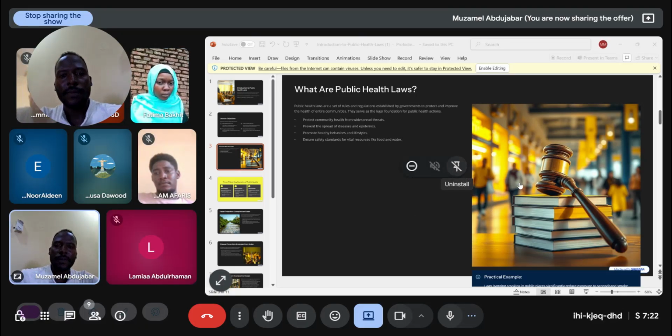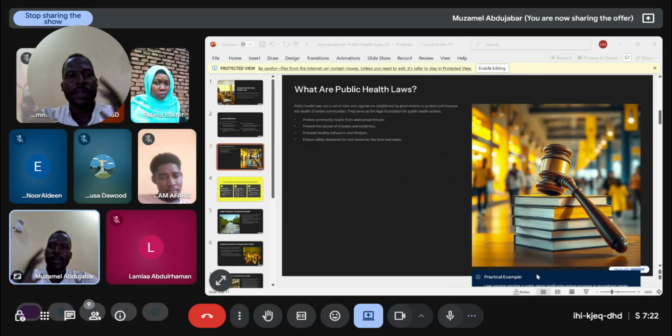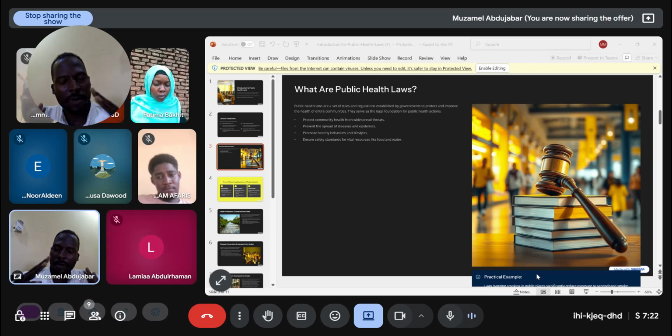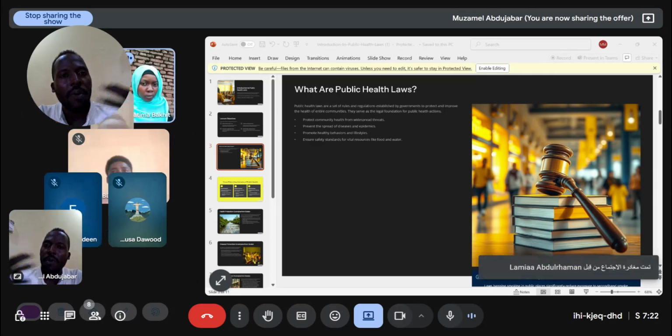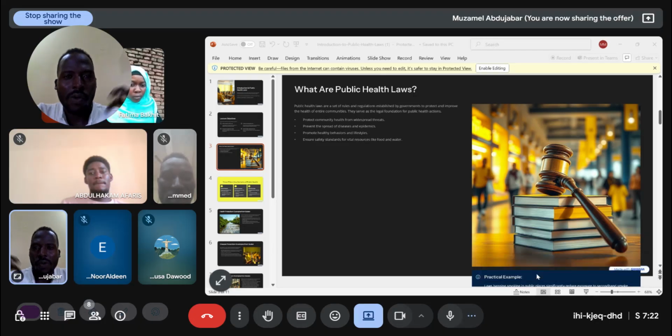Now let us see what public health law is. What does public health law mean? Public health law is a set of rules and regulations established by the government to protect, prevent, and promote community health. This law focuses on four fundamental actions.